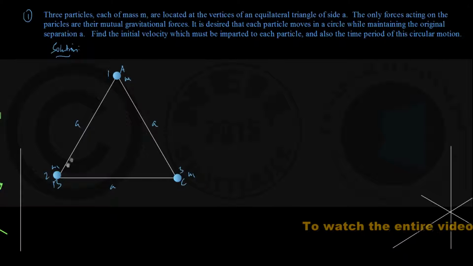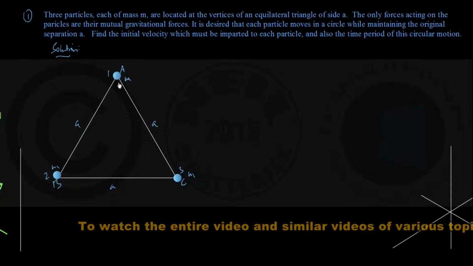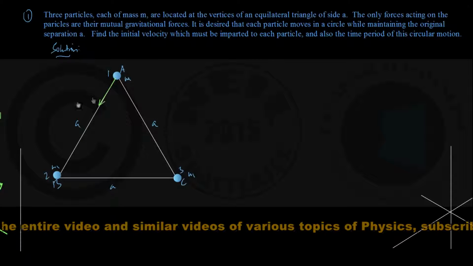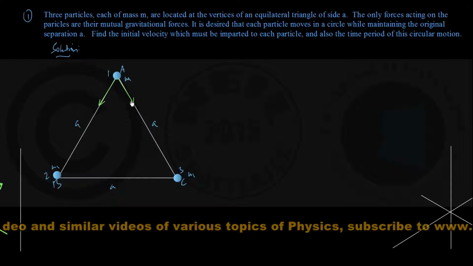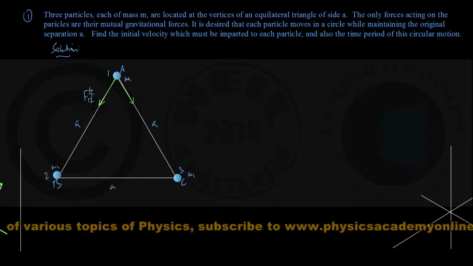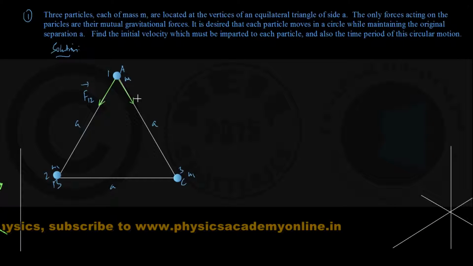On particle 1, both particle 2 and 3 are exerting gravitational pull along the lines AB and AC respectively. So if I could show these forces, these are the forces named F12, that is the force on 1 by 2, and the force on 1 by 3.